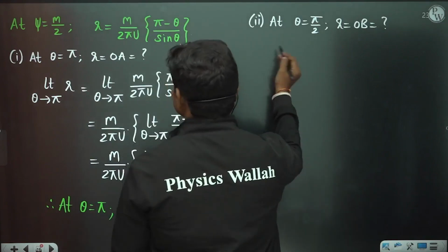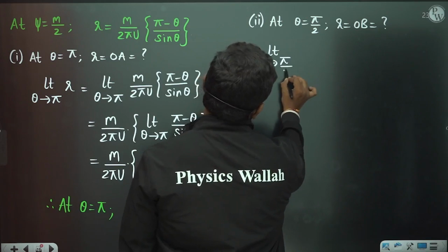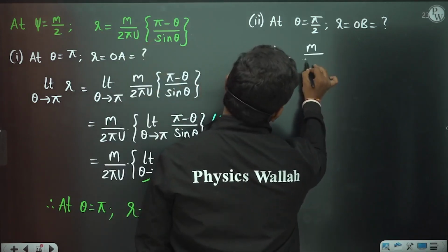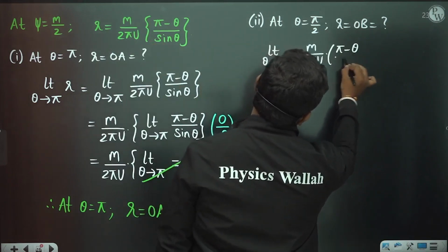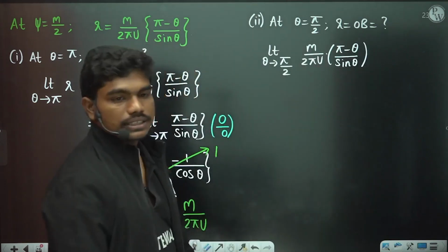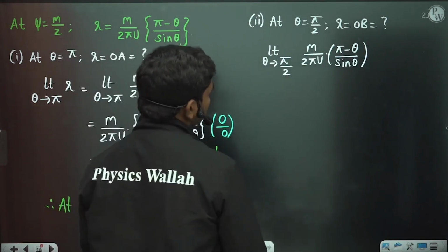So limit theta tends to pi by 2, what is the R value? This is the common expression, m by 2 pi u times (pi minus theta) by sin theta.